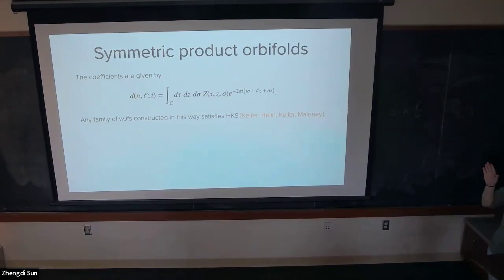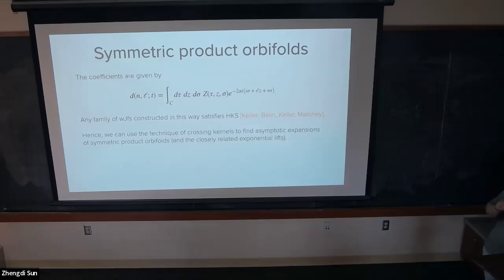And so these indeed are weak Jacobi forms that we can apply all our techniques to. Right, like I said. And there's also a closely related construction called an exponential lift. I'll not talk about it, but you can do everything there as well.